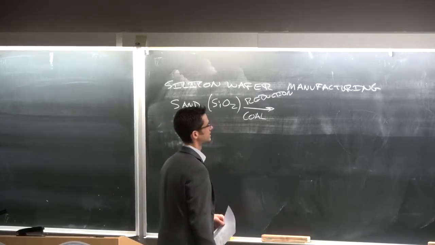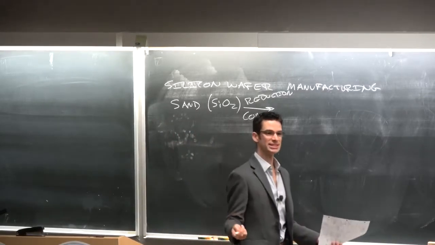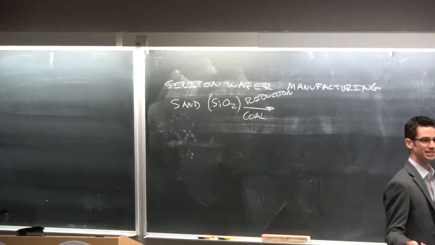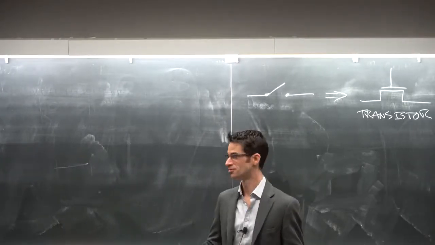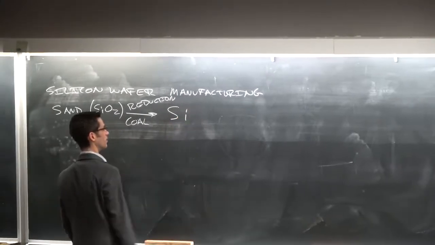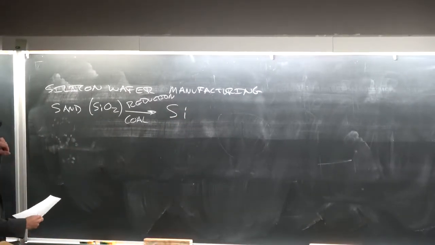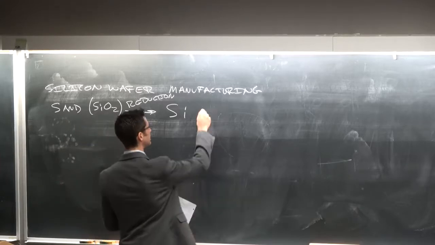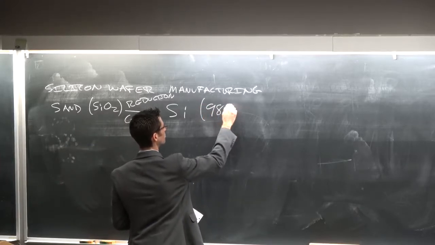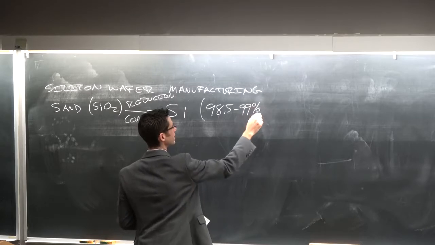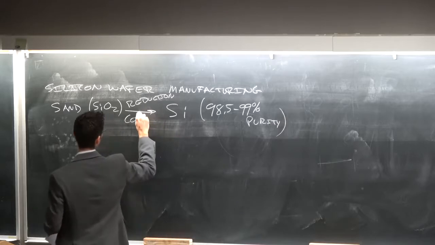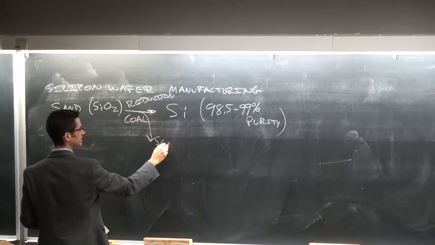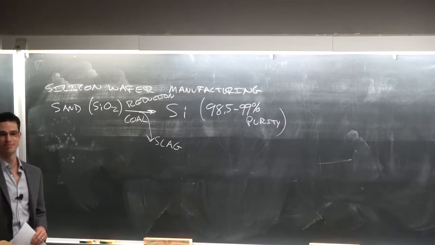So you get a big smelting furnace, and you just heat the hell out of it in the presence of coal. You oxidize the coal, and the metal, or metalloid in the case of silicon, is now liberated at 98.5 to 99% purity. And off of this process comes the slag, which is like the poop.